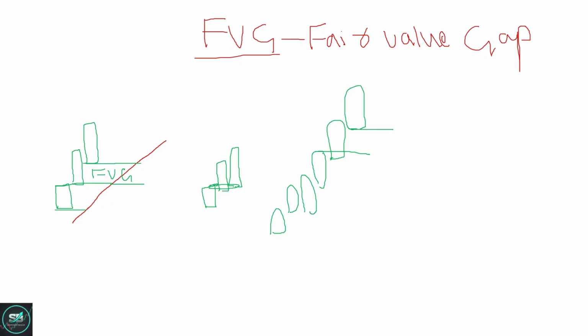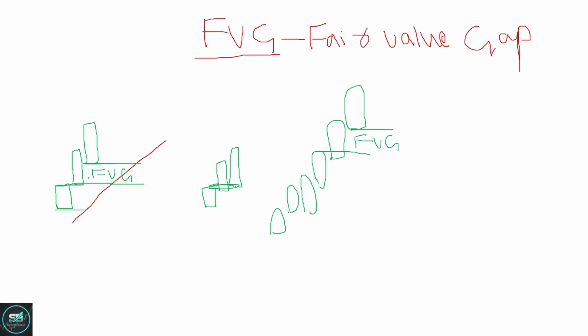We will go on the chart and see examples as well, but the basic concept of how you identify the FVG is candle 1 high and candle 3 low.